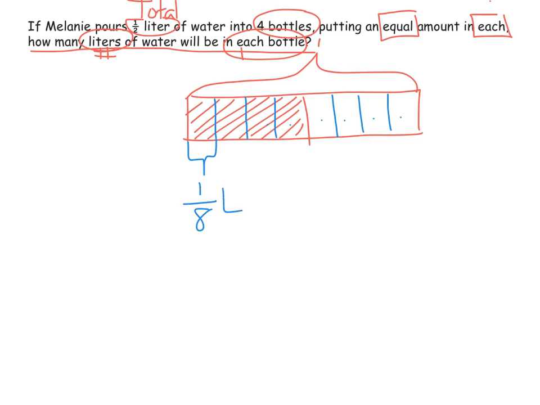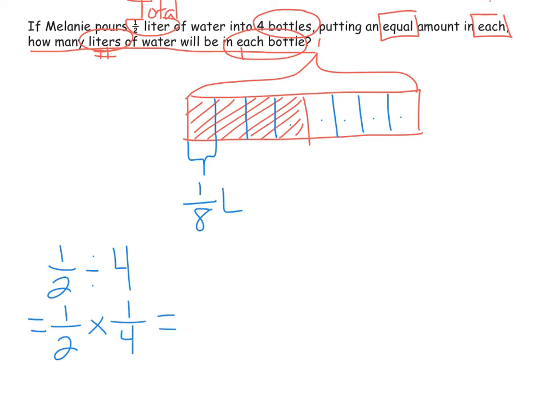Well, let's show this with division. So what I did is I had 1/2 my total divided by how many bottles I was splitting it up into. And what I realized is that was equal to 1/2 times the inverse of 4, which was 1/4.